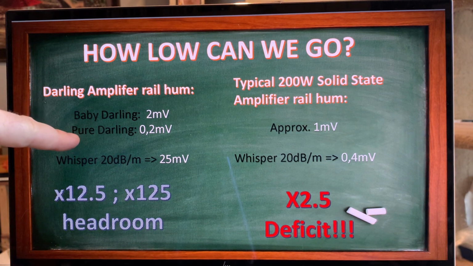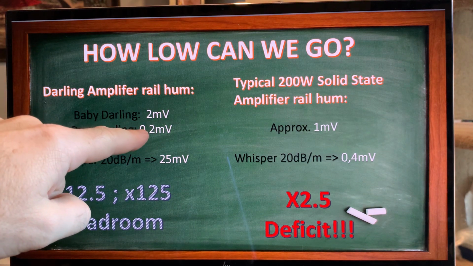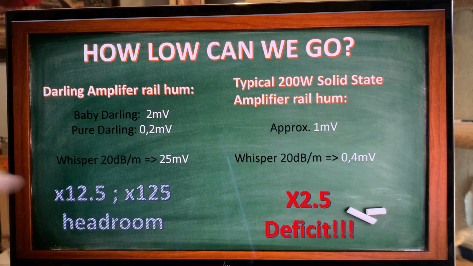And if you look at the Pure Darling, the hum level is 10 times less, so we have over 100 times headroom in the voltage domain between the whisper level reproduction and the noise floor of the amplifier.